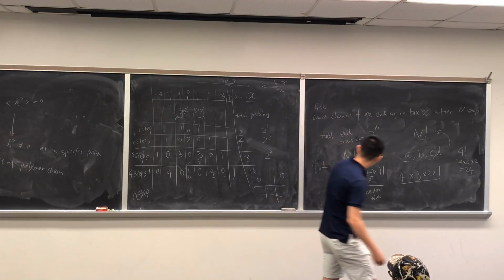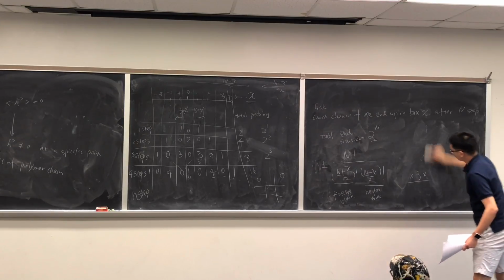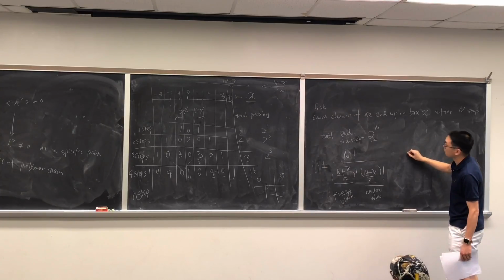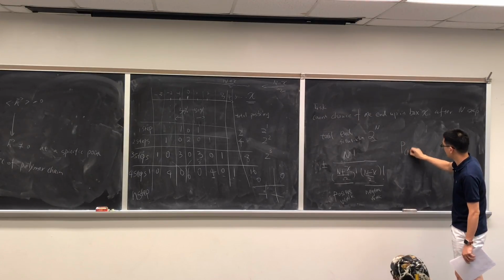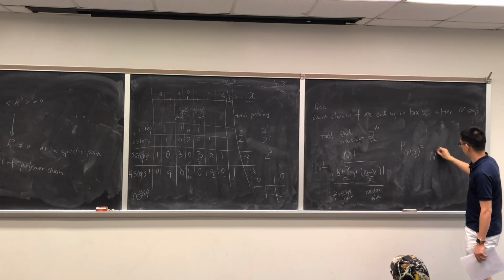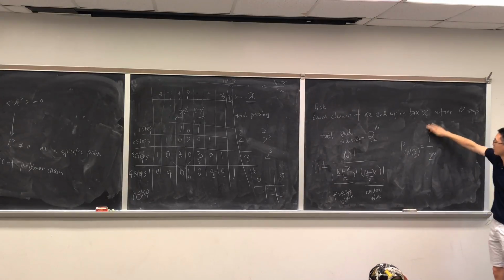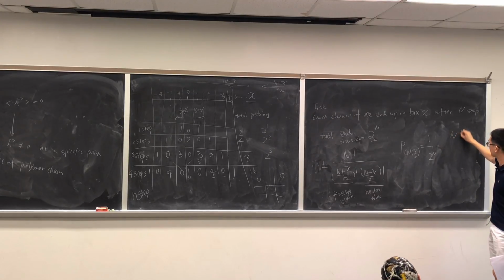So the probability of taking n steps and ending up at position x will be equal to the total number of different possible ways multiplied by this equation.